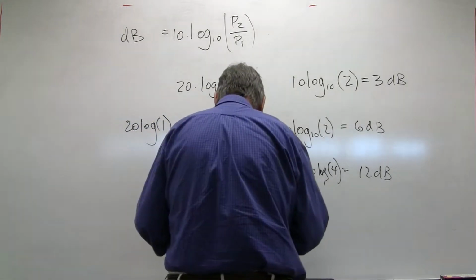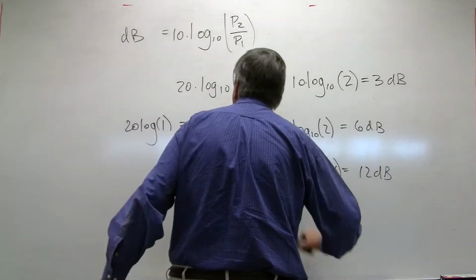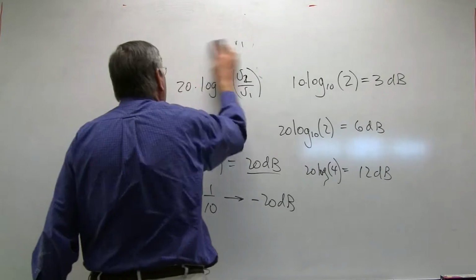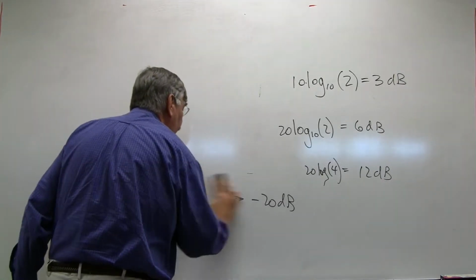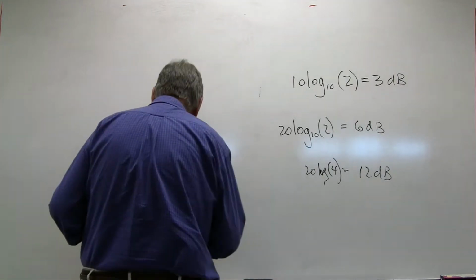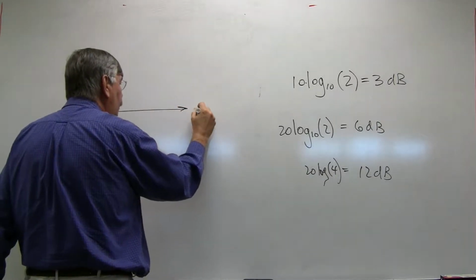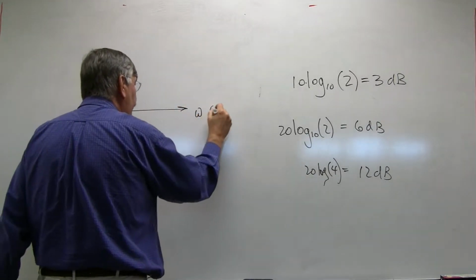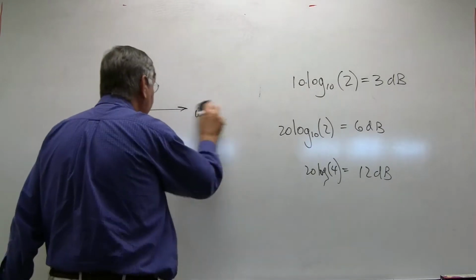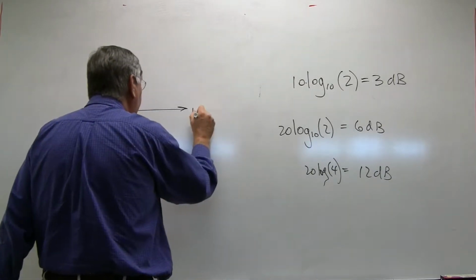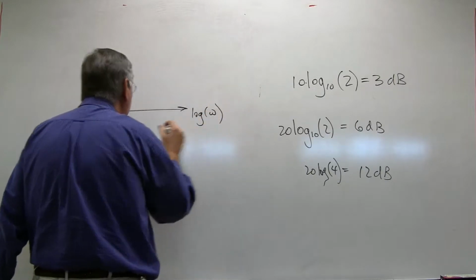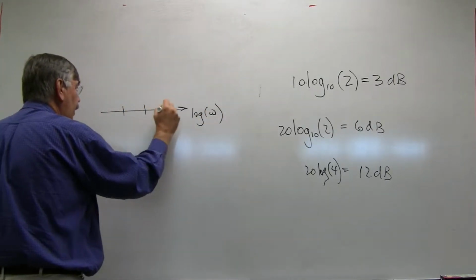When we do Bode plots, and we want to look at the frequency change along the frequency axis, we're going to be making plots of omega on the log scale. We're also making plots of log of omega. We're going to use ratios, the two things that count.